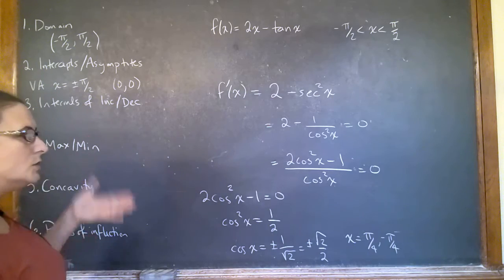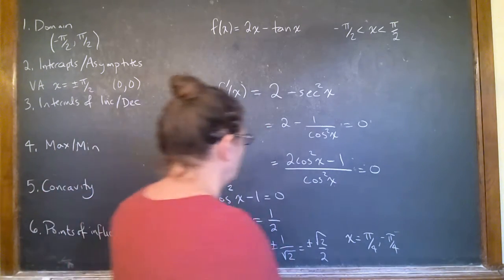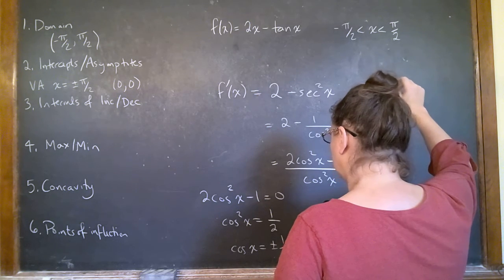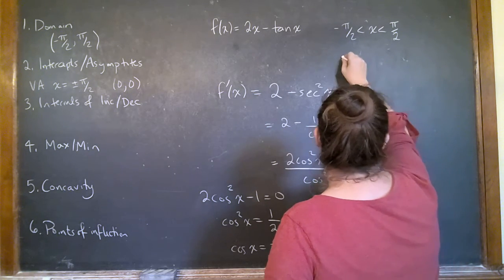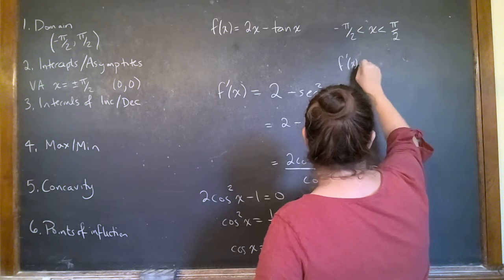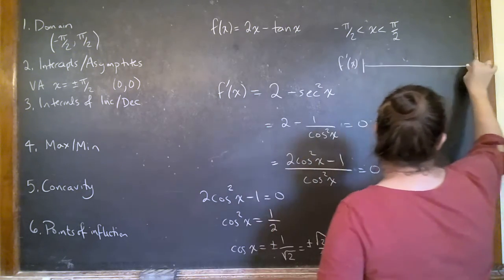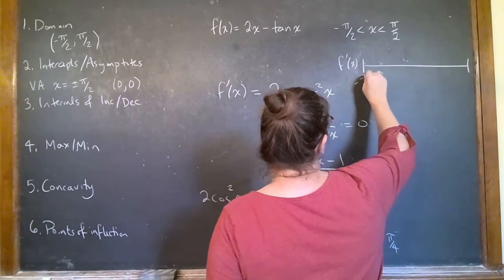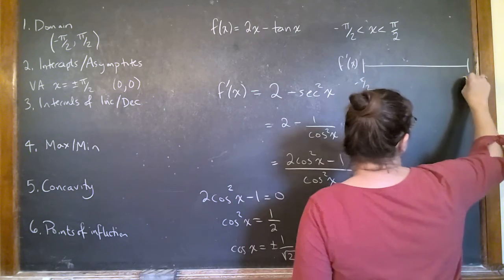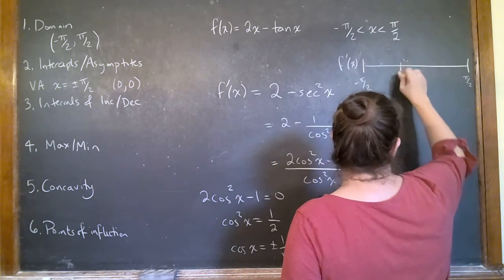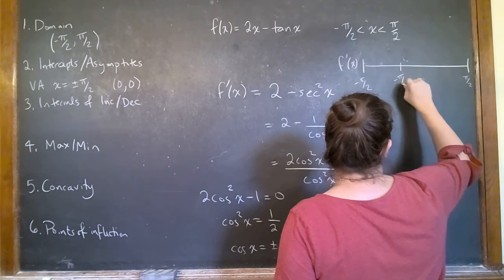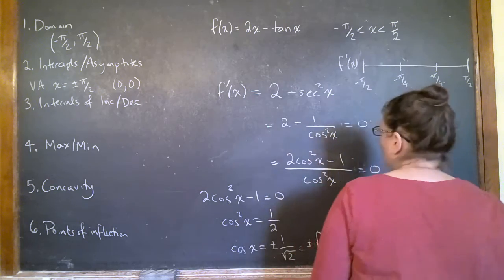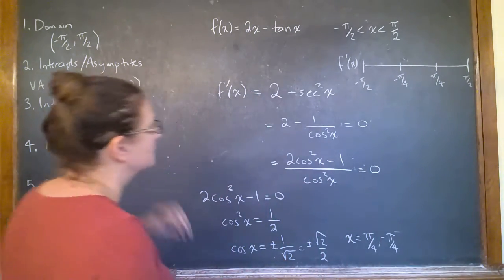Okay, so let me write up my thing here. So I've got minus pi over 2 to pi over 2, and I've got 2 points that I found, minus pi over 4 and pi over 4.